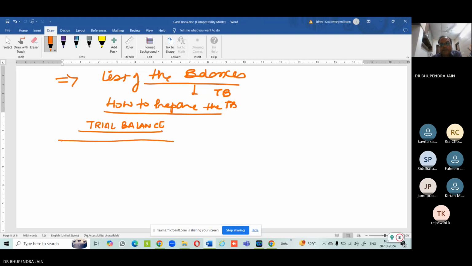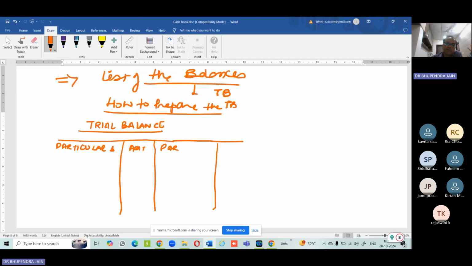How, beta? This is the debit side and this is the credit side.